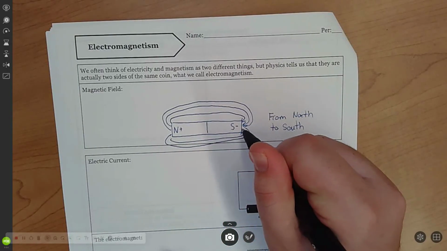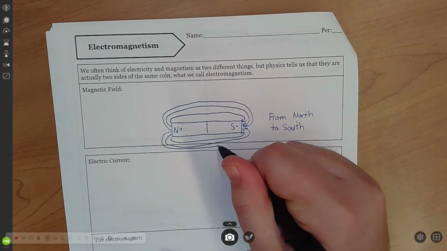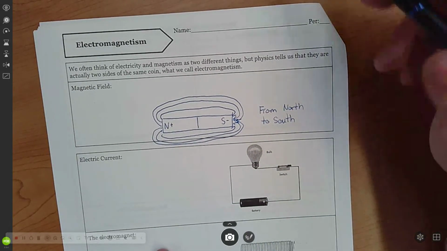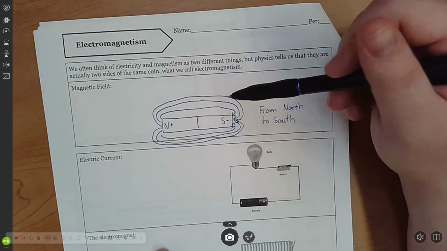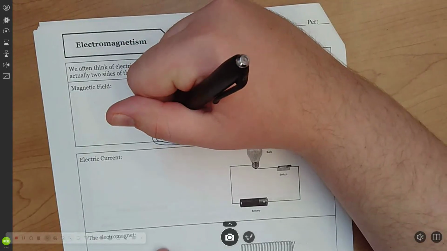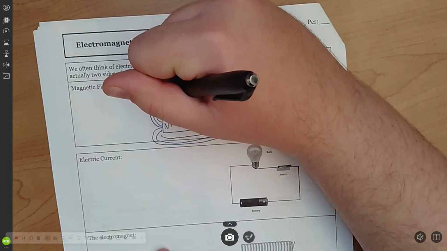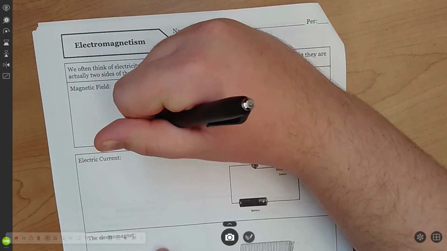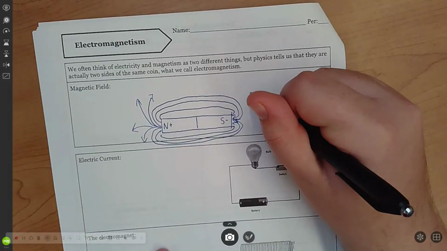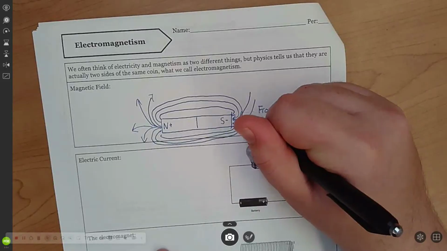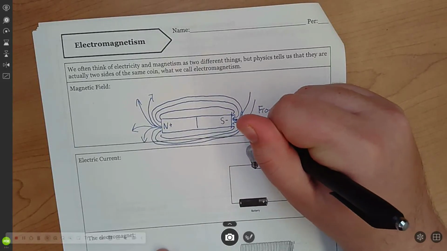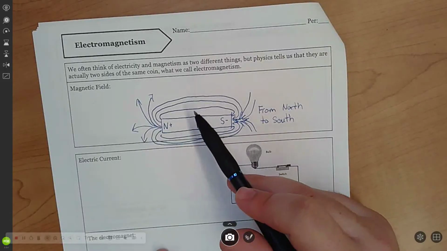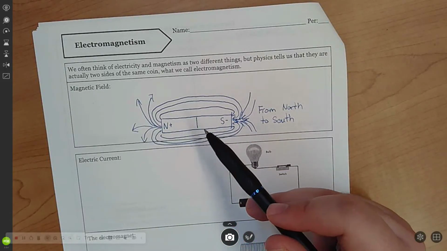And even though these lines are connecting, we also have some magnetic field lines that kind of just go out, that aren't quite going to connect all the way around. And we'll have some coming in for the south side too.